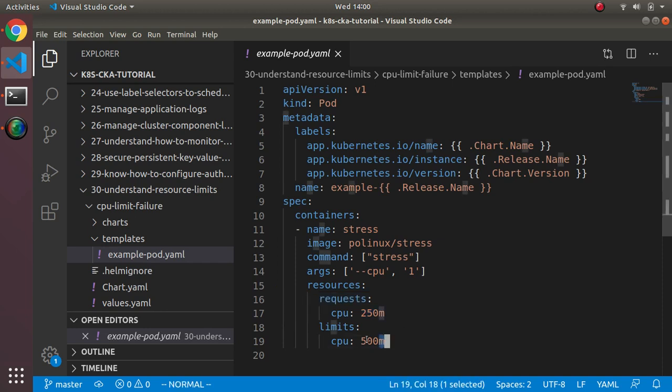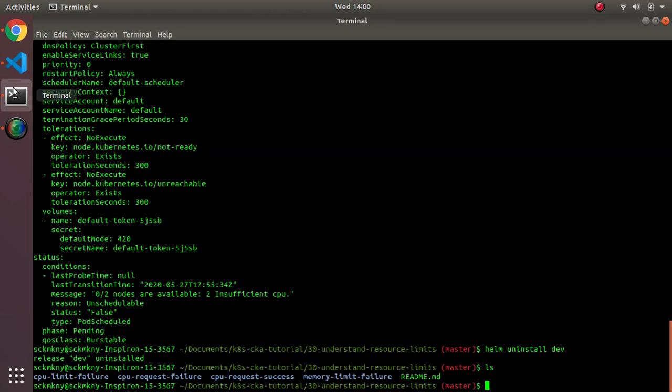What I'm paying attention to is the limit of 500 milli-CPUs, half a CPU, while I'm using this stress library to try to use up a full CPU's worth of number crunching. It's not going to crash the container, it's going to limit it.